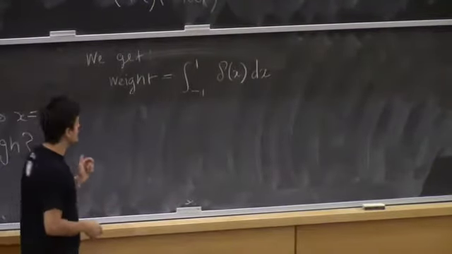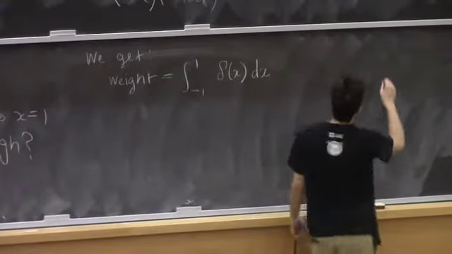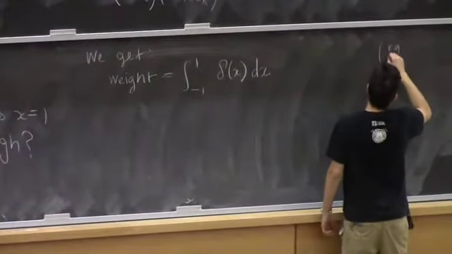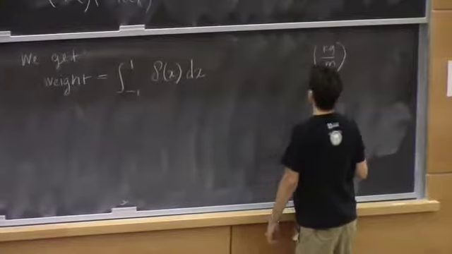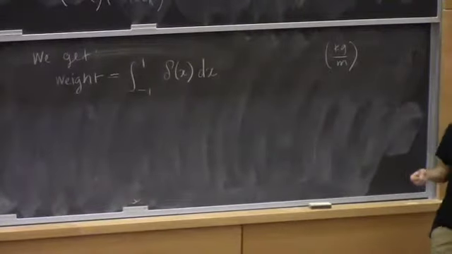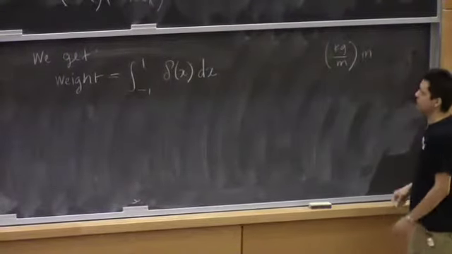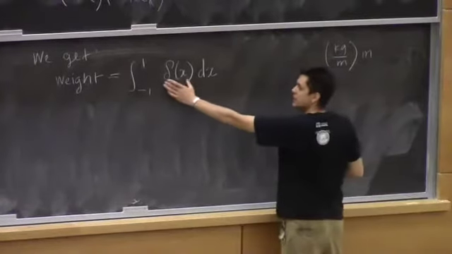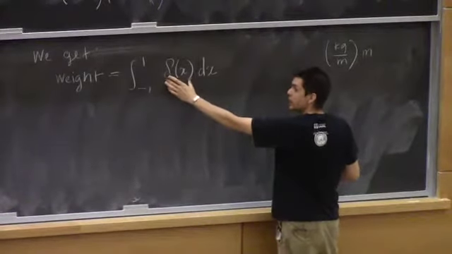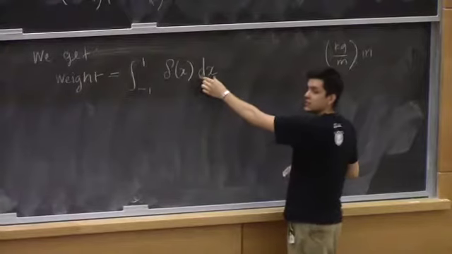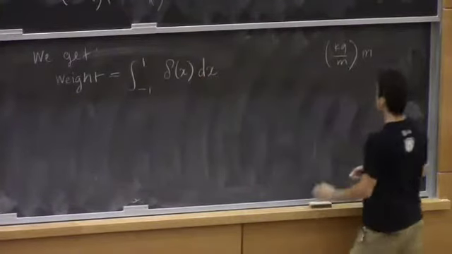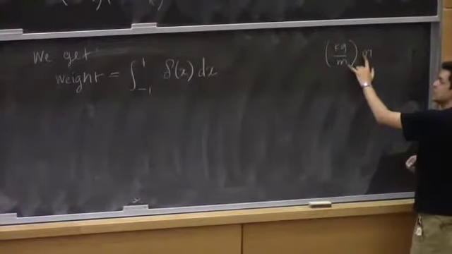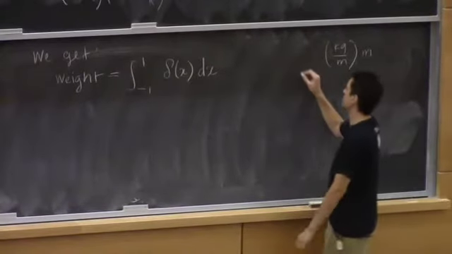Okay, so I want to say what the units are here. This is kilograms per meter times a length, so times meters. So this thing measures a ratio of weight to length, and then this measures a length. So when we integrate out, these will cancel and we'll get kilograms.